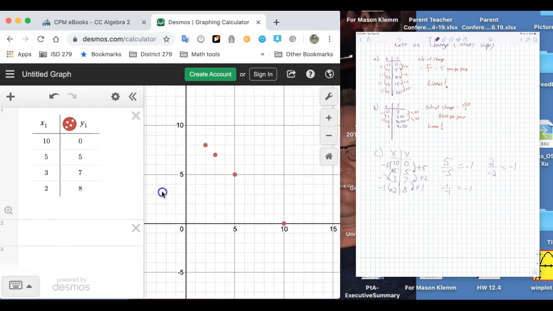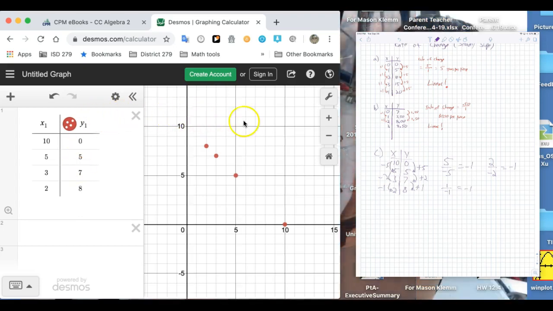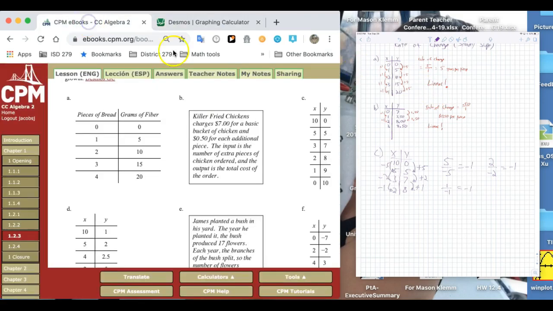And look at the graph. Do they line up and form a straight line? They do. So if we wanted to find the y-intercept so that we could write the equation, that's one thing that we haven't done here, is answered all of the questions.